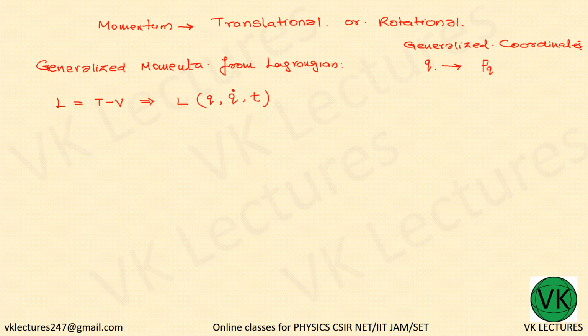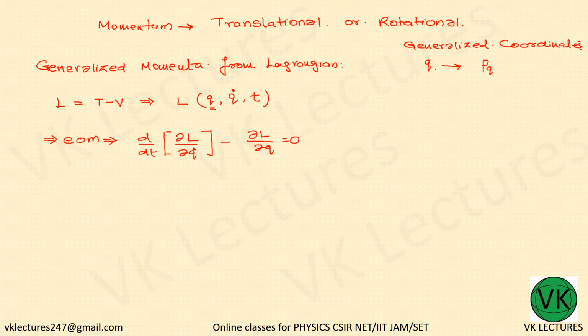Now the equation of motion for any generalized coordinate Q is given by the total time derivative of dou L by dou Q dot, minus dou L by dou Q, gives you 0.